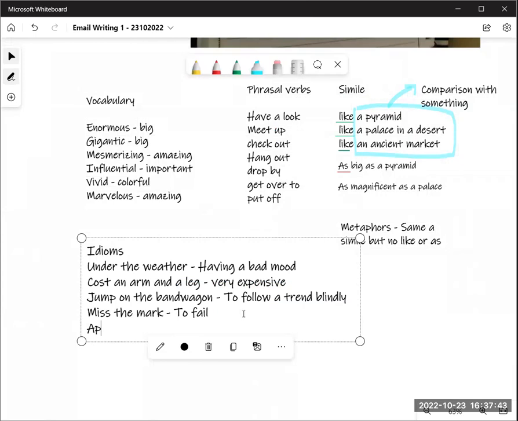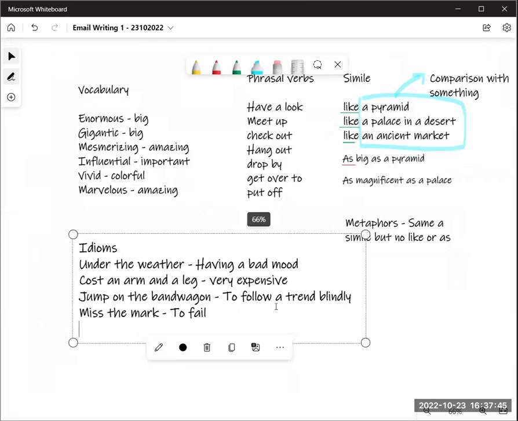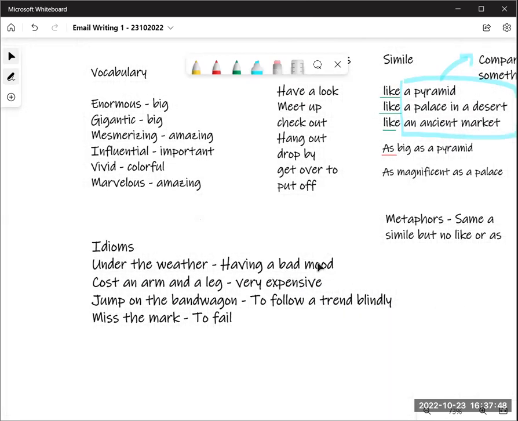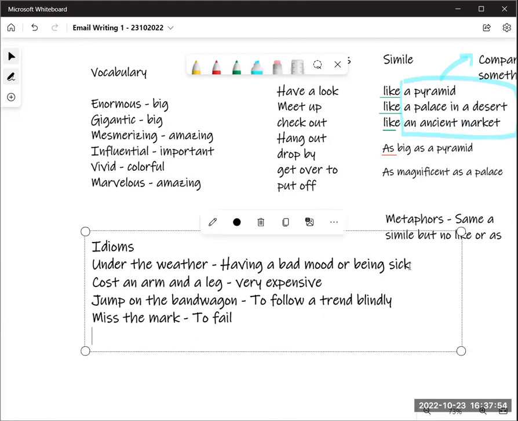Sir, is under the weather also like for being sick? Sick, yes, having a bad mood or being sick. Same thing. It's just being unwell. Okay, means to be not well.